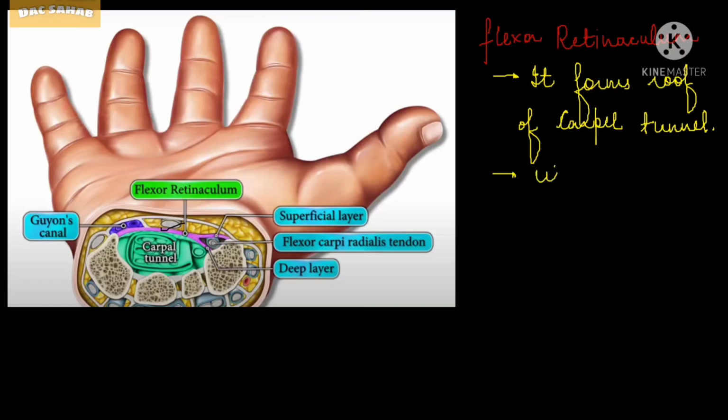The ulnar side of flexor retinaculum. How do you guess the ulnar side? This small finger of yours represents the ulnar side, right?